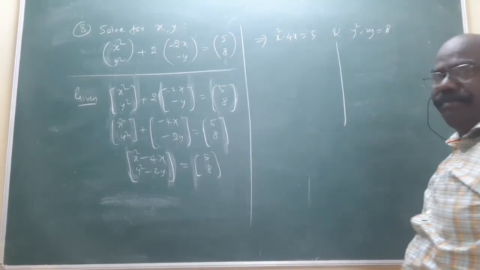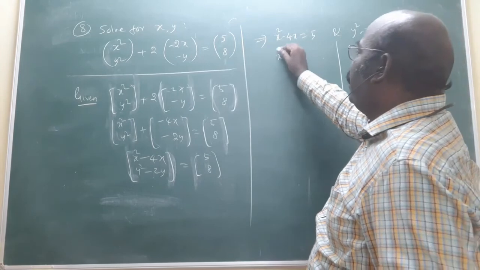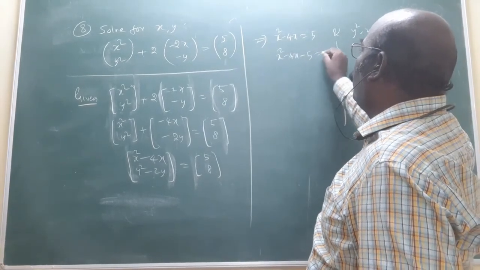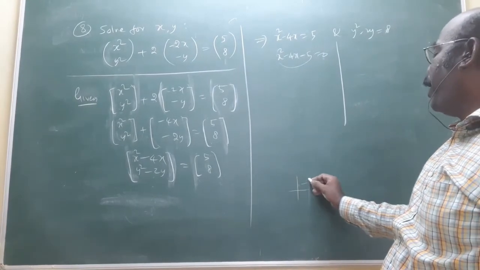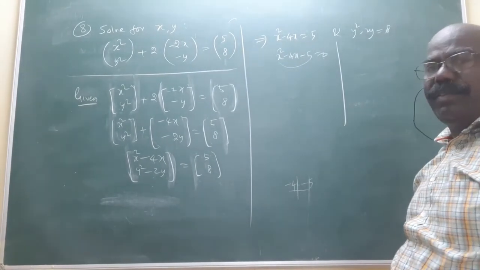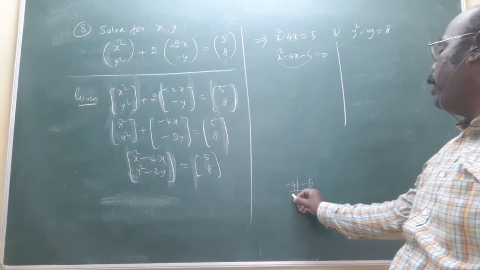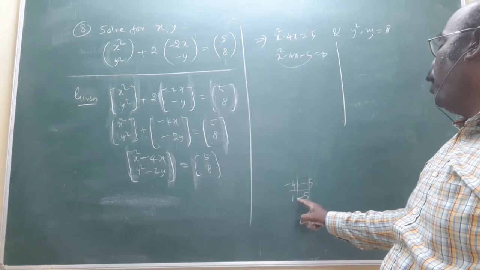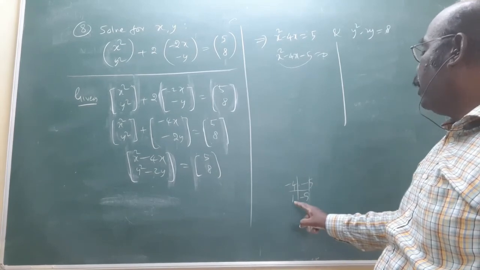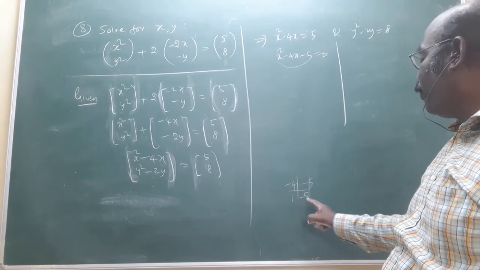Now form the equation x square minus 4x minus 5 equal to 0. Product of two numbers is minus 5, sum is minus 4. What are the two numbers? 1 into minus 5, minus 5, and 1 minus 5 is minus 4.